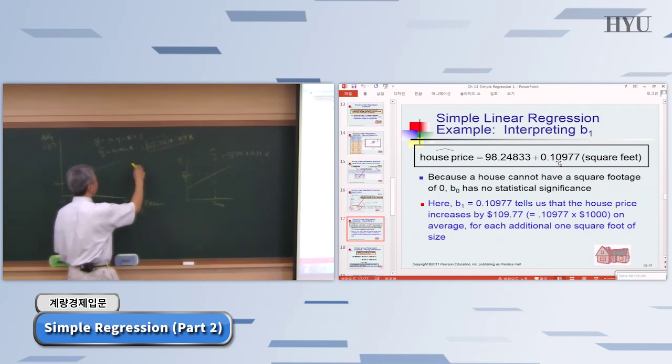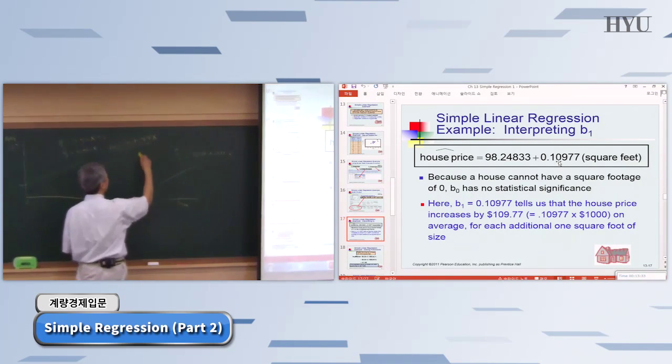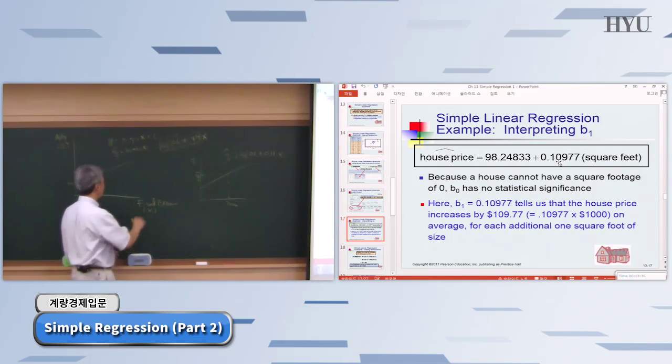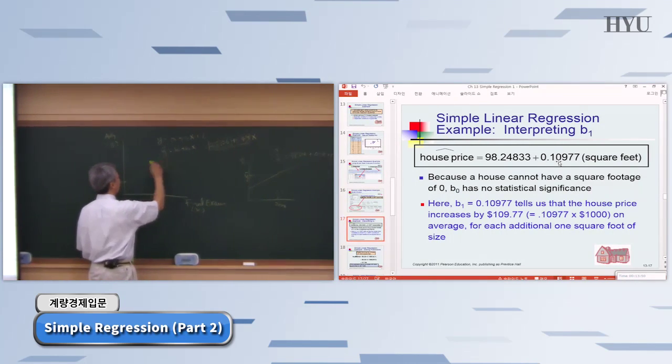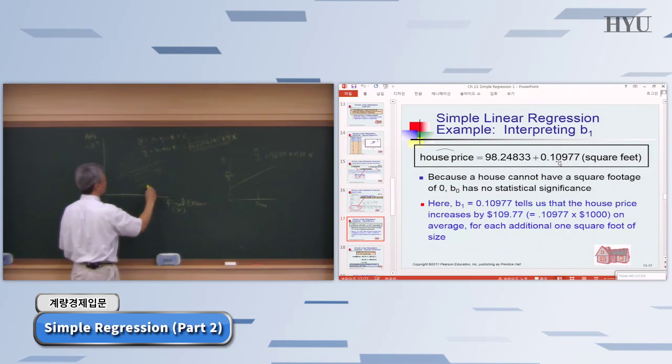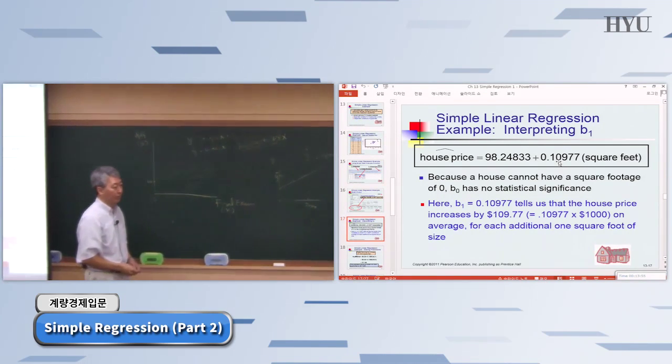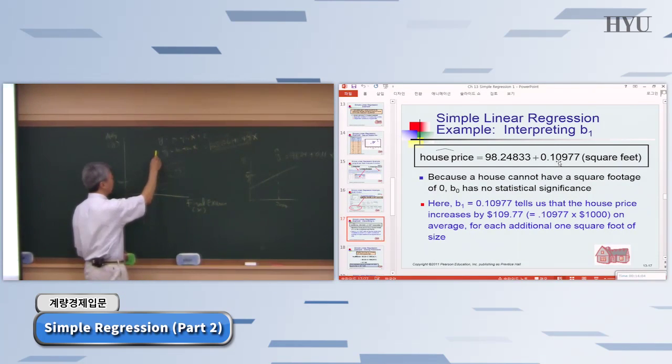Because if you don't know the intercept, if you only know the slope, say 0.49, we have not determined a single regression line, because there are an infinite number of regression lines with the same slope. In that case, you cannot make any prediction for a certain value of x.